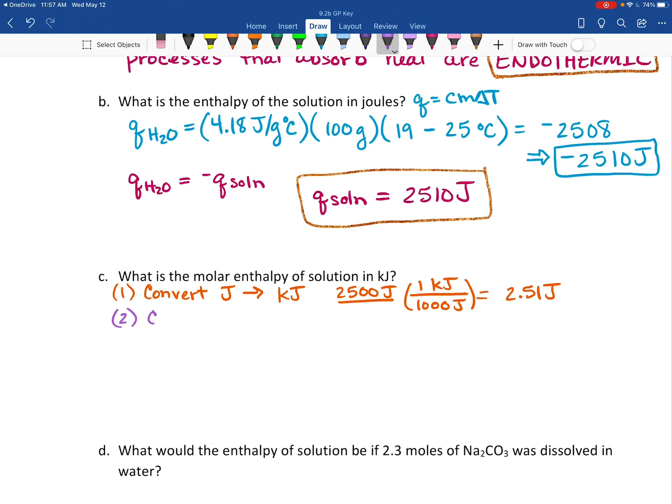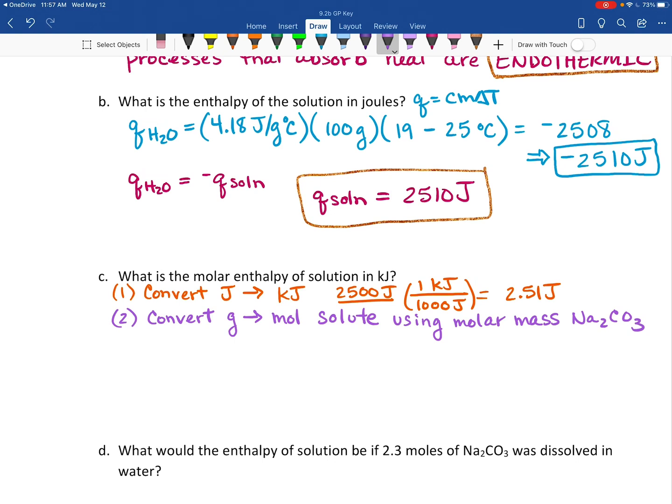The second thing we're going to do is convert grams to moles of the solute, the thing that's being dissolved. We're going to use the molar mass of the sodium carbonate, Na2CO3.